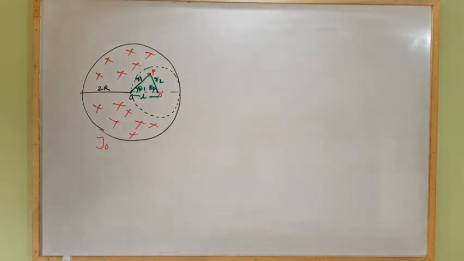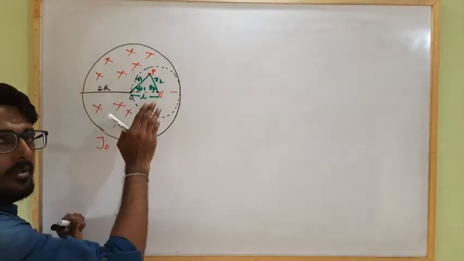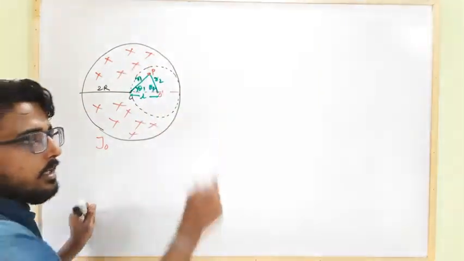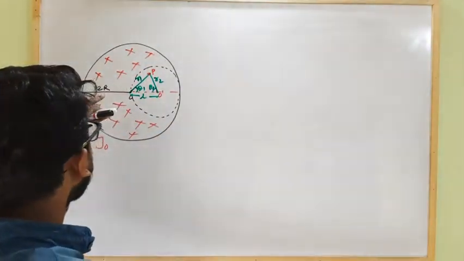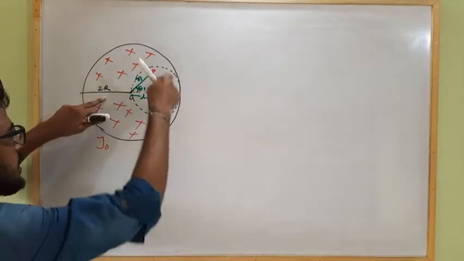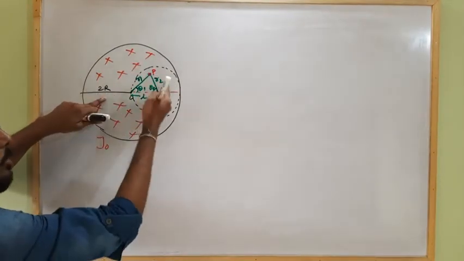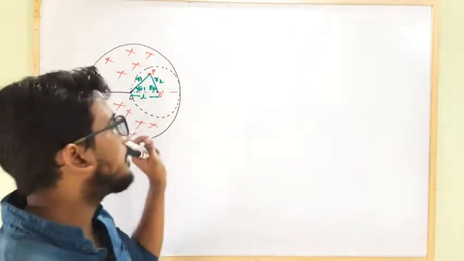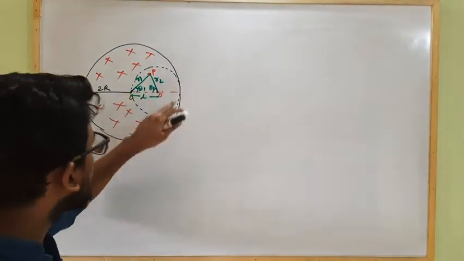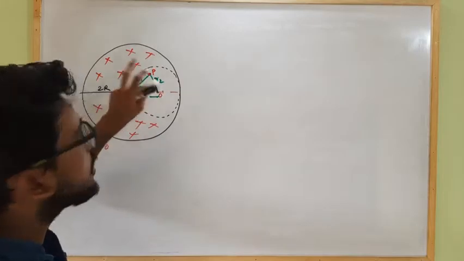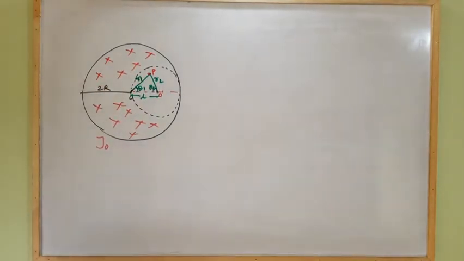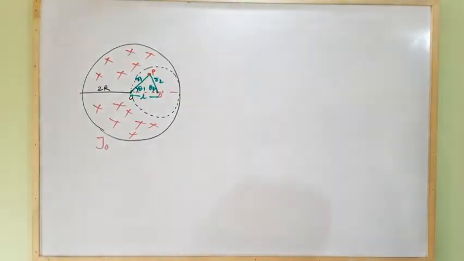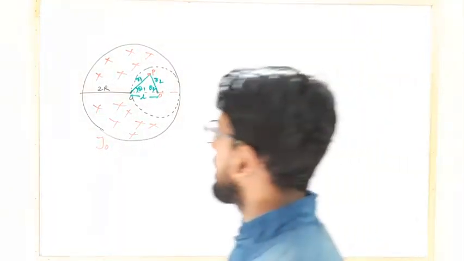In the first case we calculated the net magnetic field strength at an external point of the system, then at a point which is within the current carrying conductor but outside the cavity, and now we have to calculate the net magnetic field strength at a point which is within the conductor and also within the cavity. Clear? So now how can we calculate the net magnetic field strength at the point P?